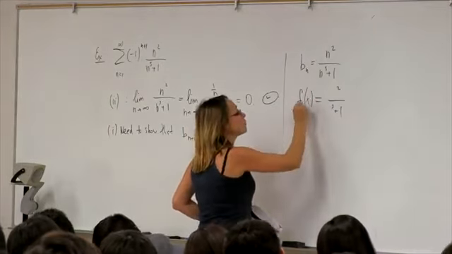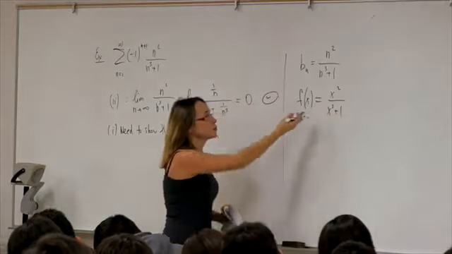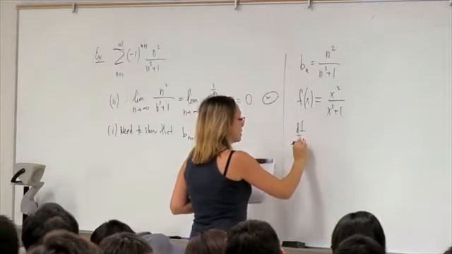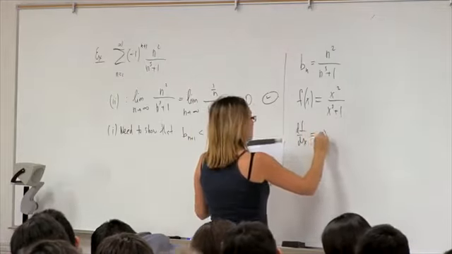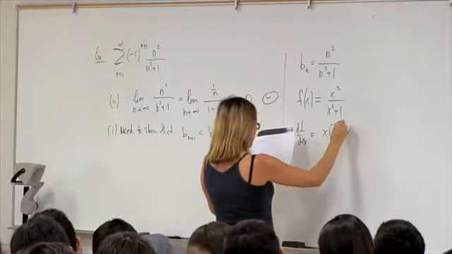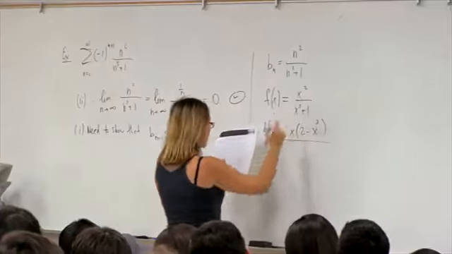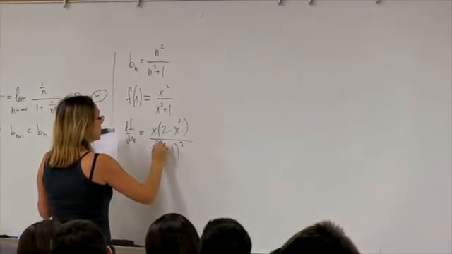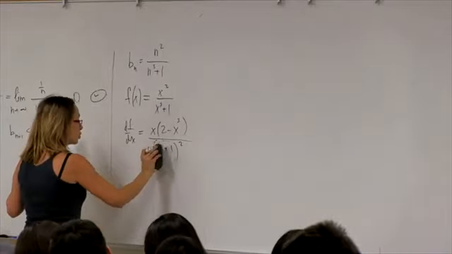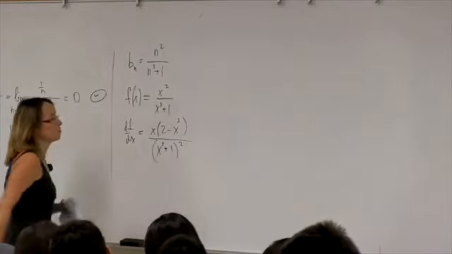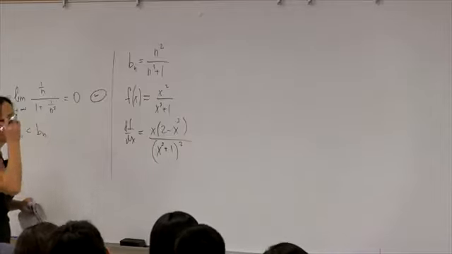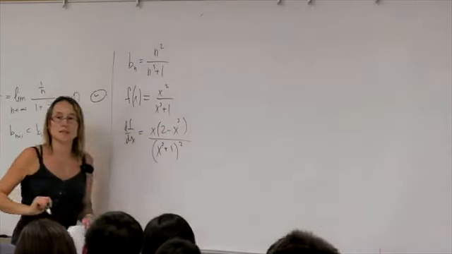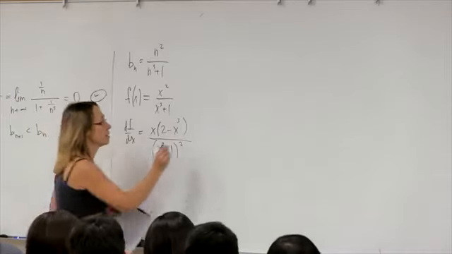Okay, f of x. To see whether this is decaying, let's take the derivative, df dx. This is the result of the differentiation, over x cubed plus 1 squared. In order to calculate it, we have to differentiate a fraction. So we have this thing in the denominator. For the function f to decay, this numerator has to be negative.